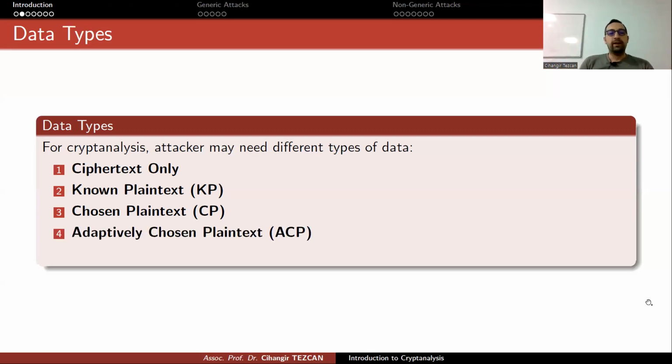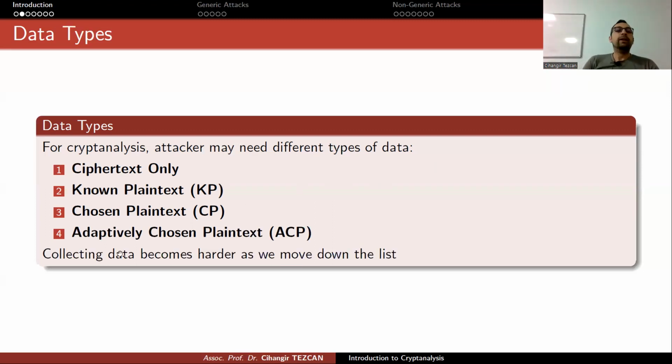Third one, as you can see from top to bottom, things are getting unrealistic, right? In the adaptively chosen plain text scenario, you capture some chosen plain text and corresponding ciphertext. Then you perform some operations on this data, and depending on your results, you go and ask for more chosen plain text. So this is an adaptively chosen plain text scenario. As you can see, collecting data becomes harder as we move down the list.